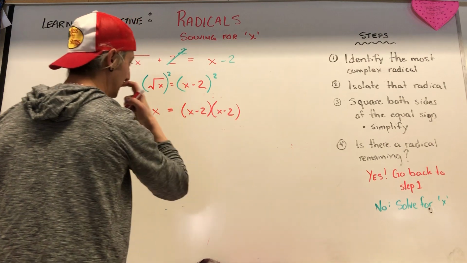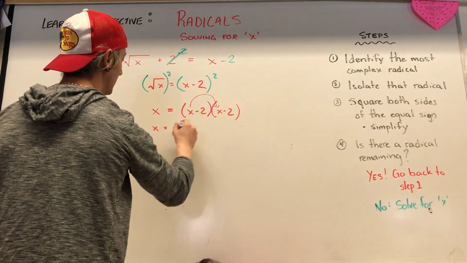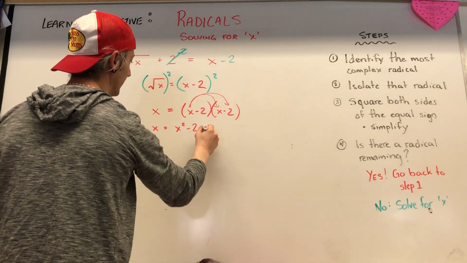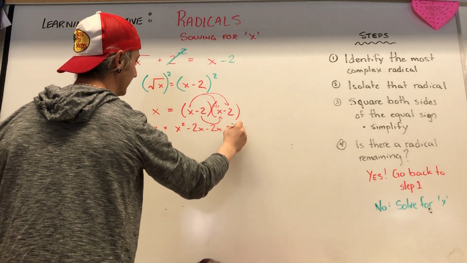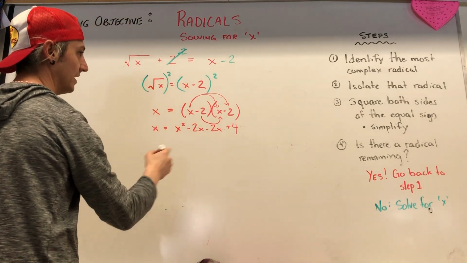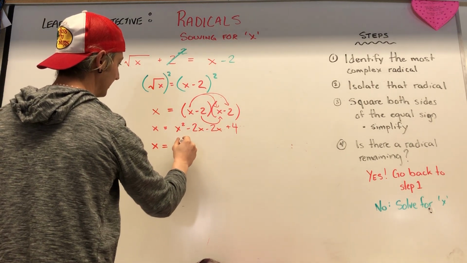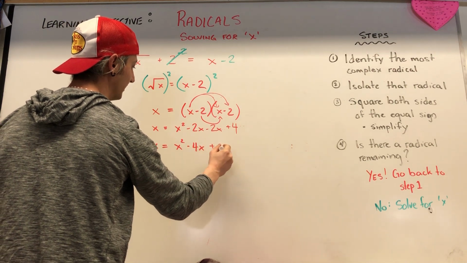And when I do that multiplication, I get x is equal to x squared minus 2x minus 2x plus 4. And I'm going to simplify or collect terms. x squared minus 4x plus 4.